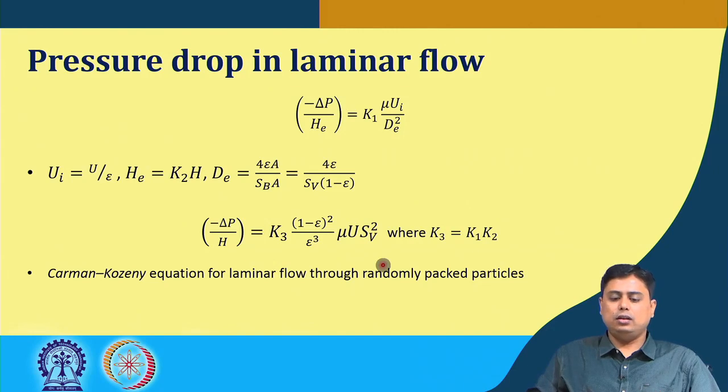And K3 becomes a constant term, K1 multiplied by K2. This is the famous Kozeny-Carman equation for laminar flow through randomly packed particles, irrespective of their shape.